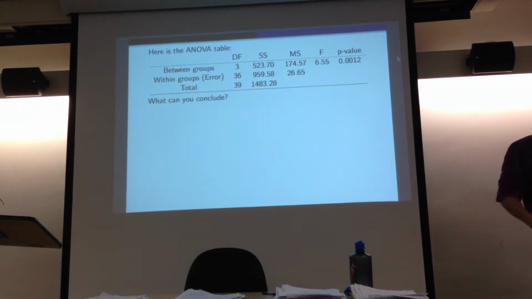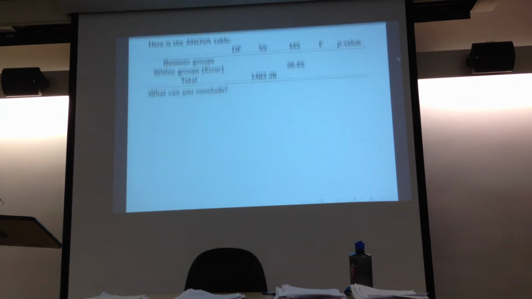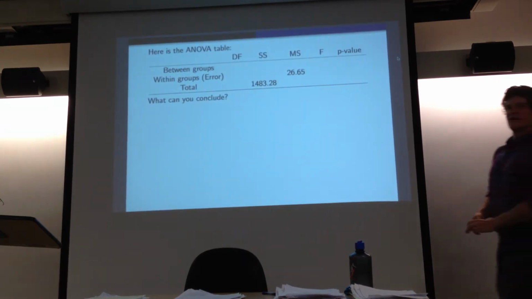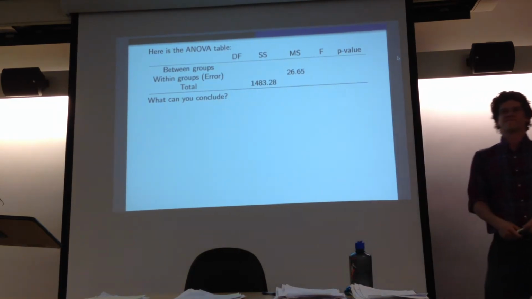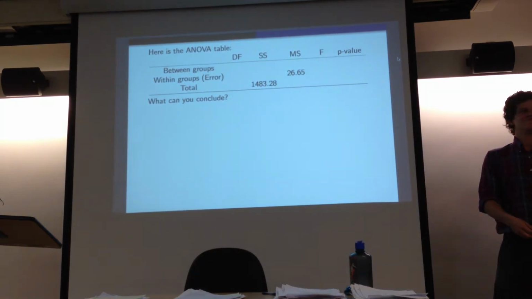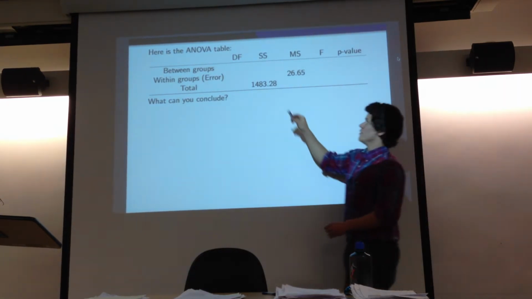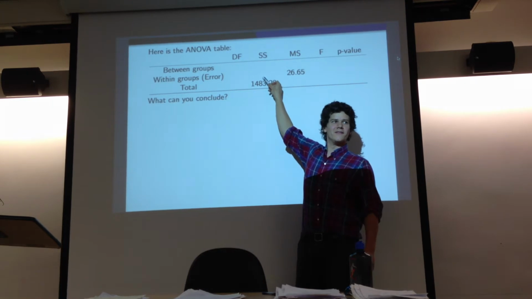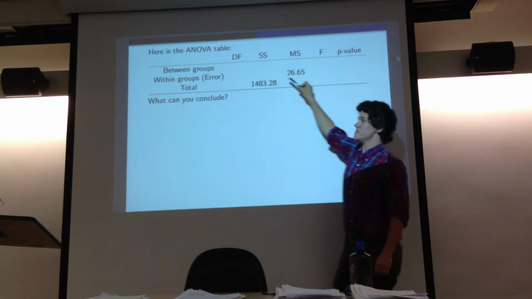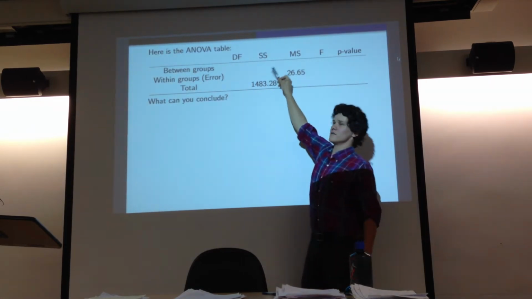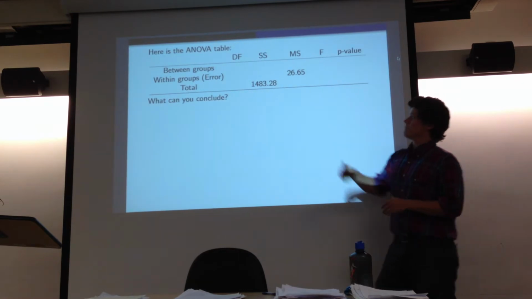Sum of squares. Let's see. So how would we tackle filling out these sum of squares? What would be our first step here? Right. How would we do that? Yeah, just divide this by the degrees of freedom, which was 36, right? I'm sorry, multiply by 36 to get this number.